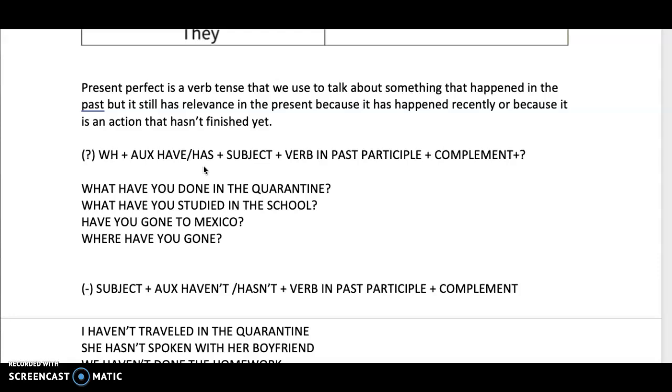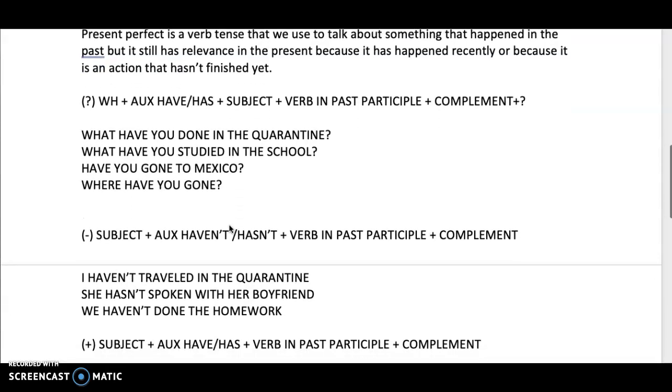Okay, for example, yo he, tú has, ella ha. Now, the second example is: What have you studied in the school? Okay, ¿qué has estudiado en el colegio? Or: Have you gone to Mexico? ¿Has ido a México? Very good.